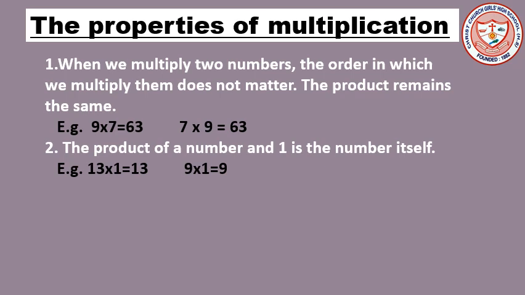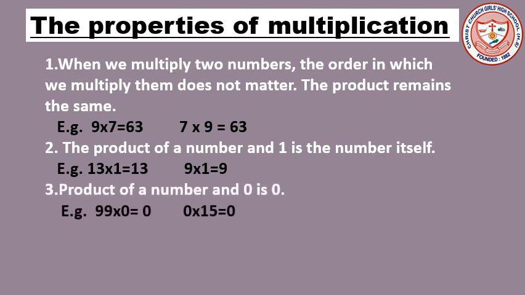So if we multiply any number by 1, the product will be that number itself. Okay, so 13 into 1 gives us 13. Likewise, 9 into 1 gives us 9.